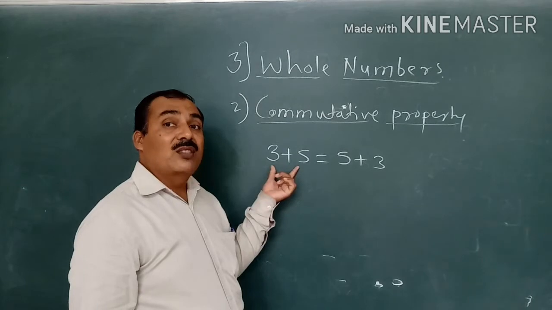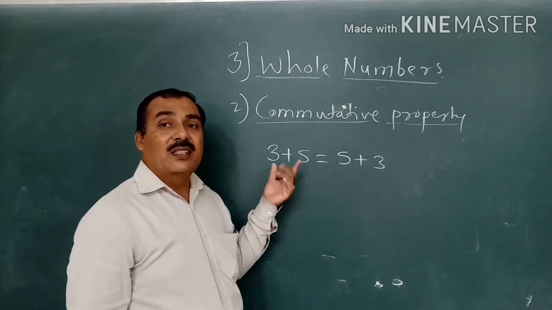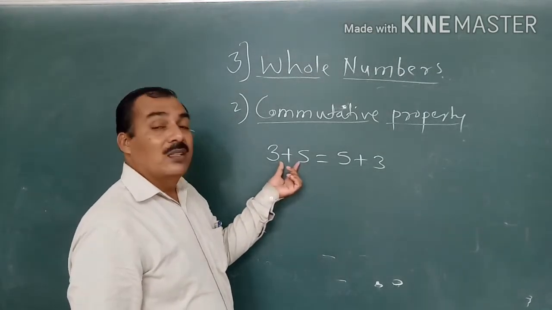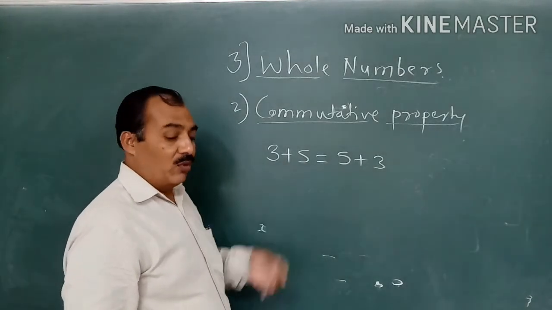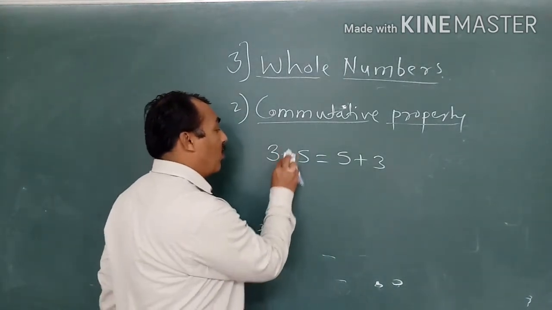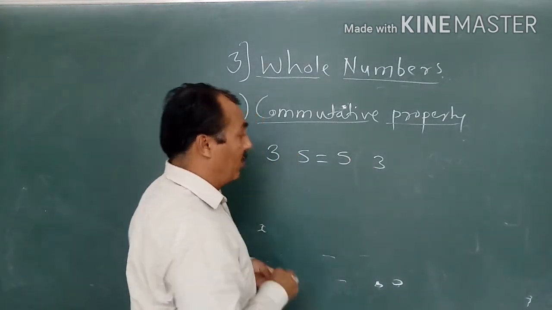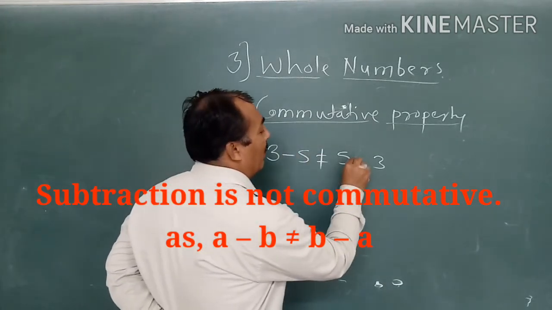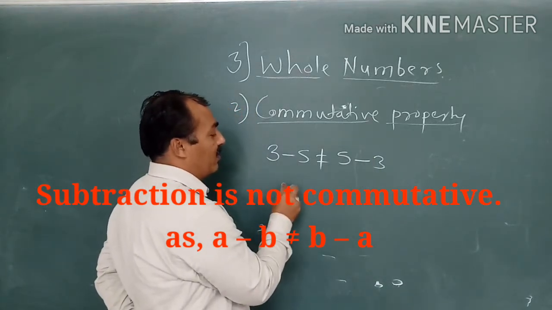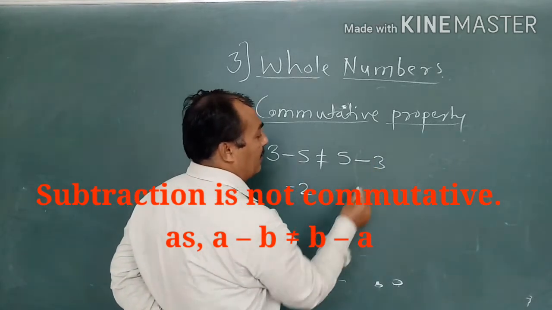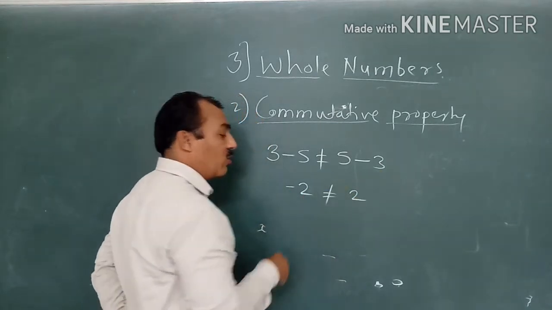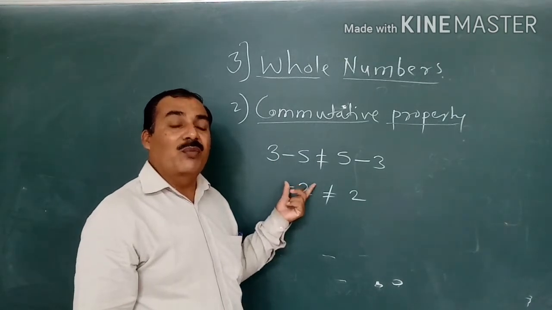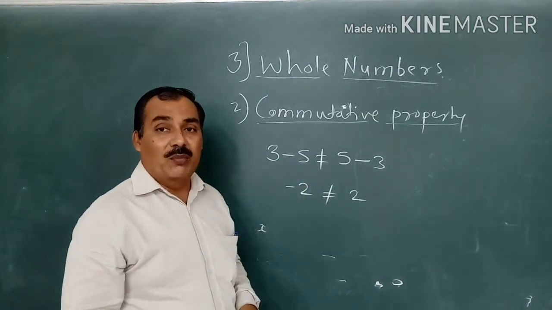Means if we change the order of the numbers, we still get the same result. That means commutative property is applicable for addition of whole numbers. But the same property is not applicable for subtraction. 3 minus 5 is not equal to 5 minus 3, because 3 minus 5 is equal to minus 2 and 5 minus 3 is equal to 2. They are not equal.